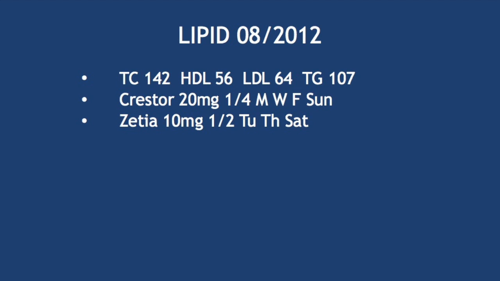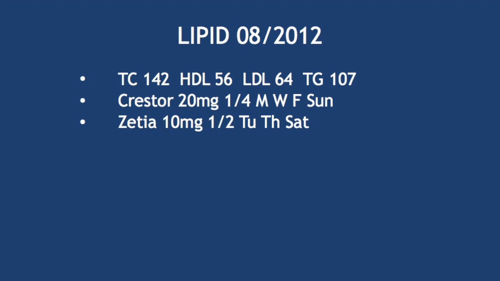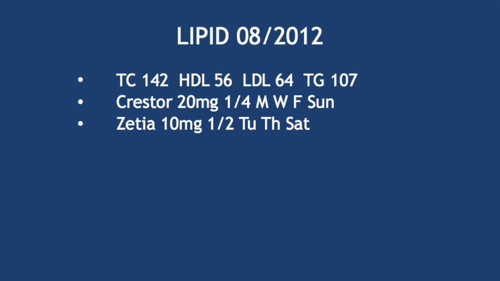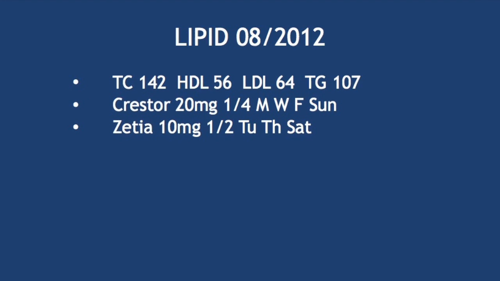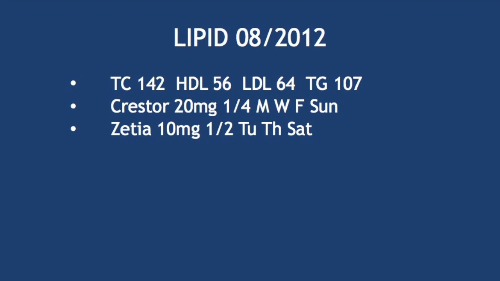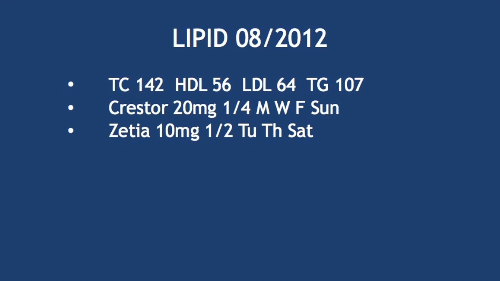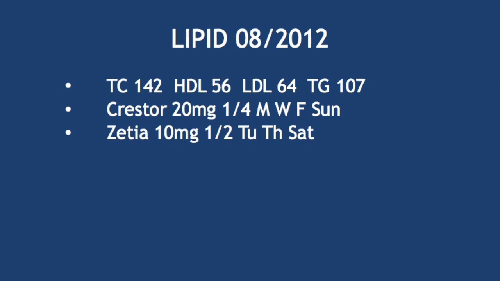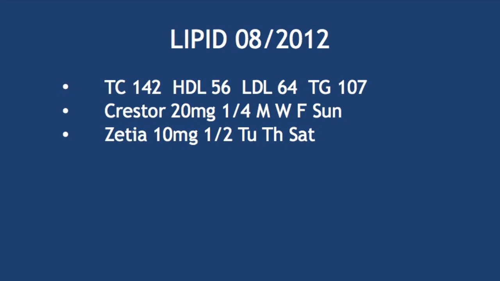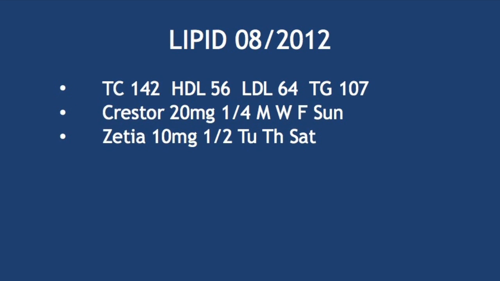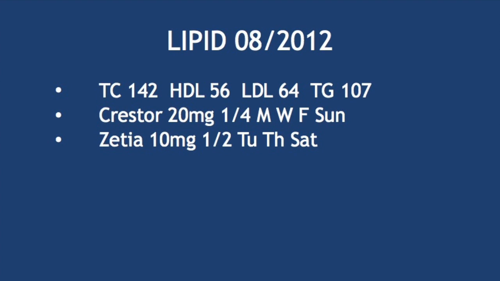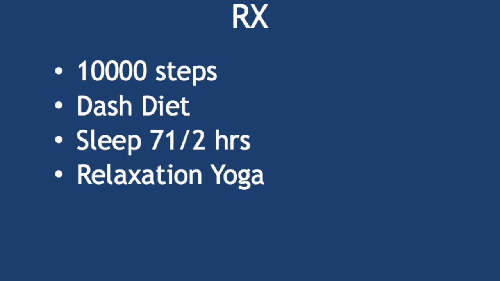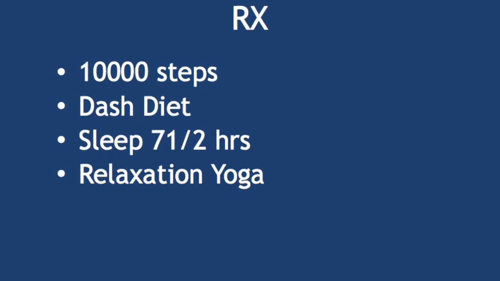The lipids in August of 2012 showed a total cholesterol 142, HDL 56, LDL 64, and a triglyceride of 107. That was on Crestor 20 milligrams, 1/4 tablet Monday, Wednesday, Friday, Sunday, and Zetia 10 milligrams, half a tablet Tuesday, Thursday, and Saturday.